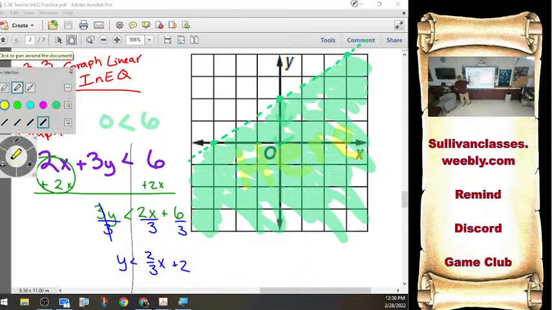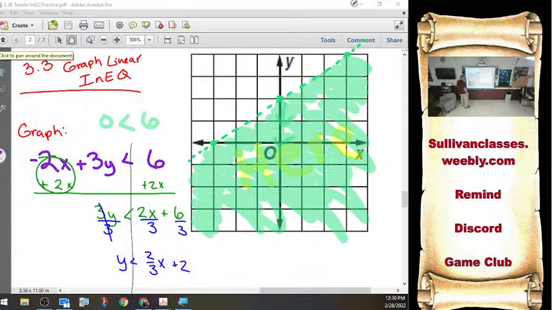Our points. Do we have our correct y-intercept? Do we have a slope of 2/3? Do we have a dotted line?